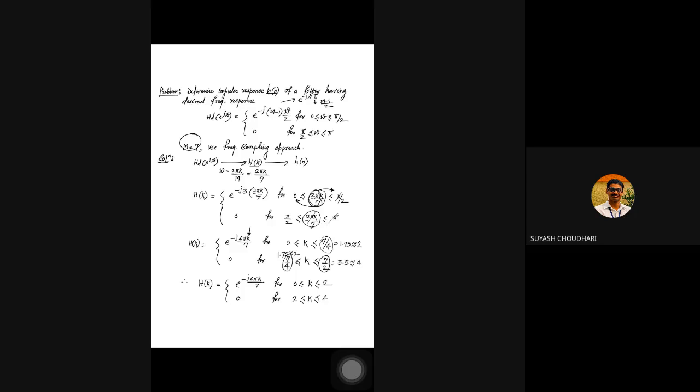This is the first step. Obtained h of k. Clear? Yes, sir.